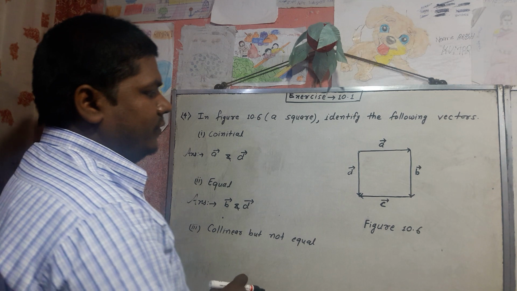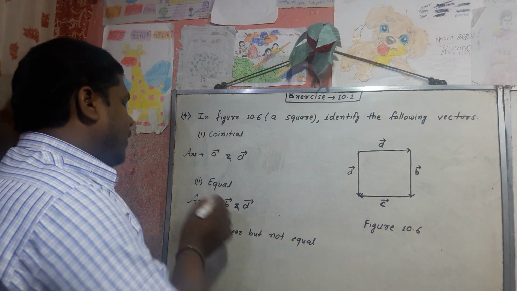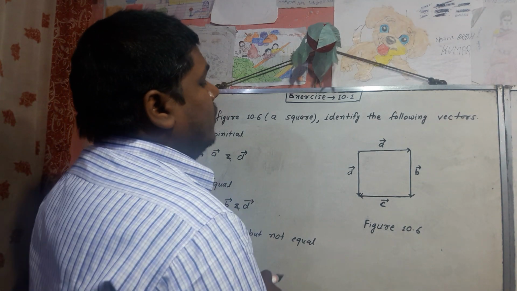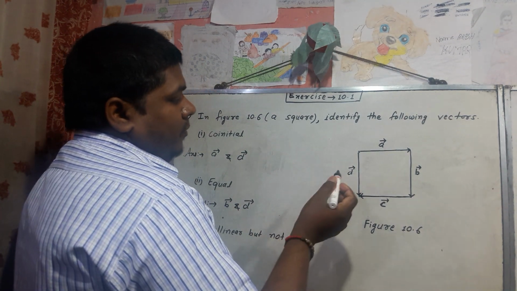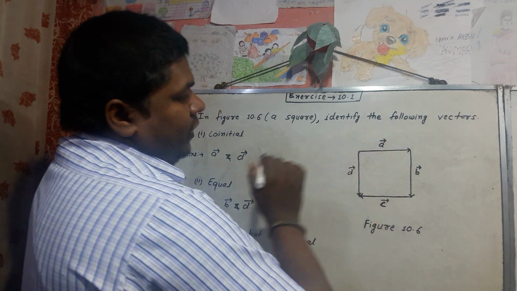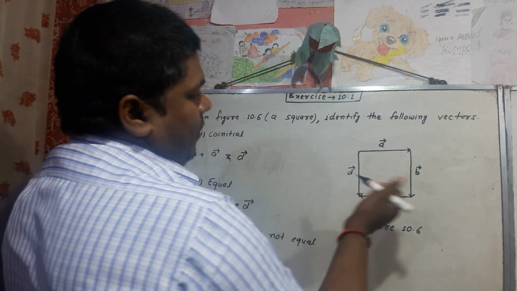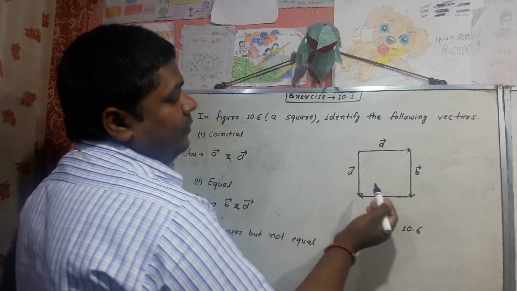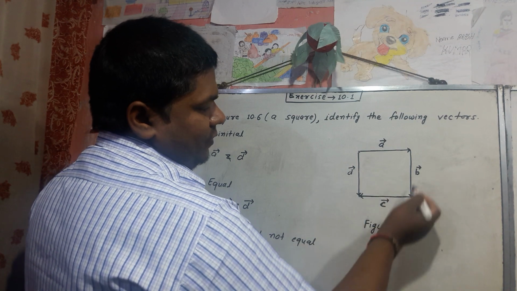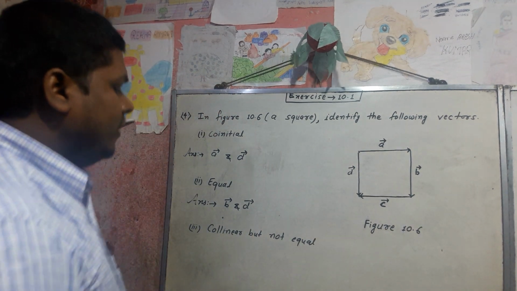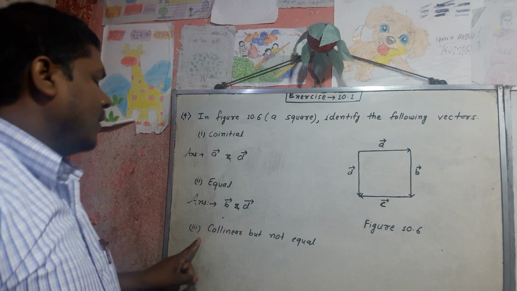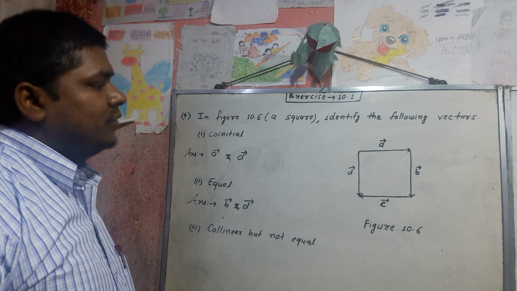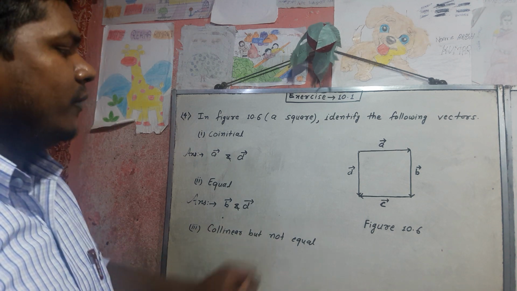We have read in the second question equal vectors. In equal vectors, B vector and D vector have same magnitude and same direction. But in this given question they are asking from us collinear but not equal.